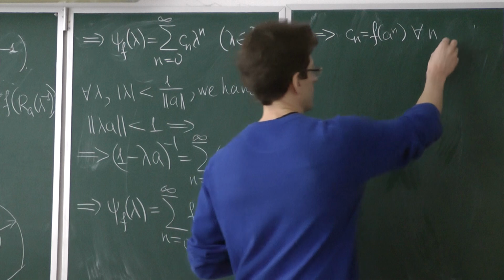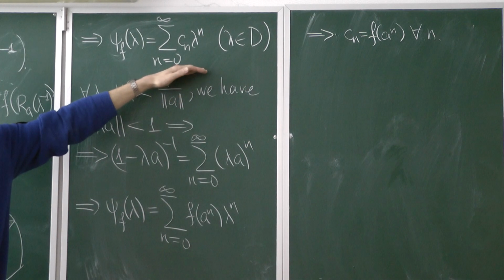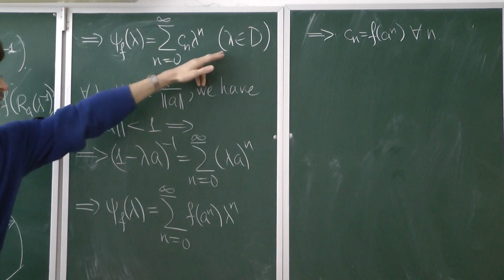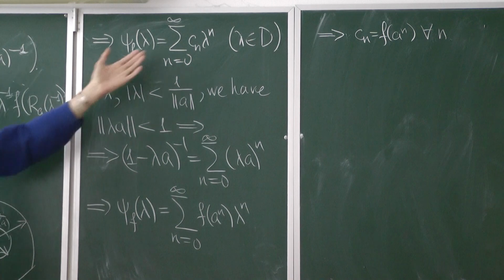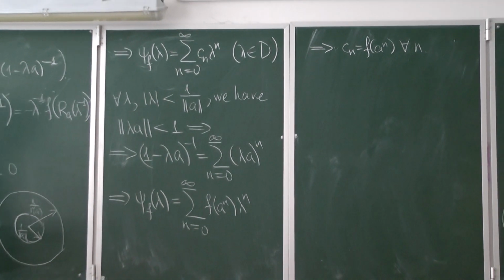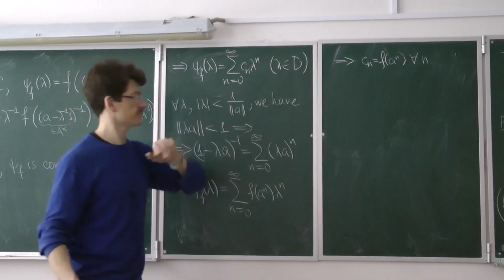Okay, so let's now come back to this decomposition. And we remember that this decomposition holds everywhere on the big disk. So this series converges everywhere on the big disk. And in particular, this sequence is bounded.